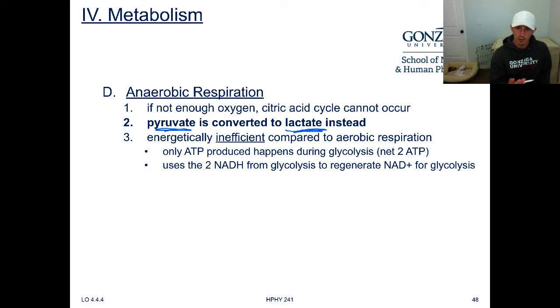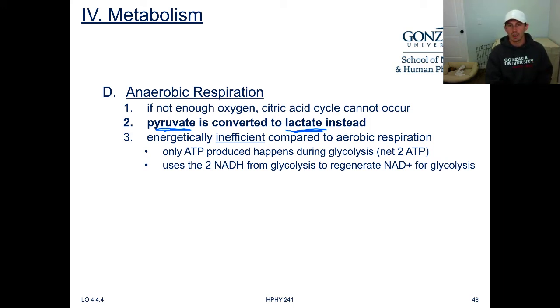At the end of glycolysis, when we ended up with lactate, remember we had a net 2 ATP. Anaerobic respiration does not generate any additional ATP. So through anaerobic respiration, we can only get 2 ATP. Remember, that's much different than the 30 to 32 ATPs generated through aerobic respiration.